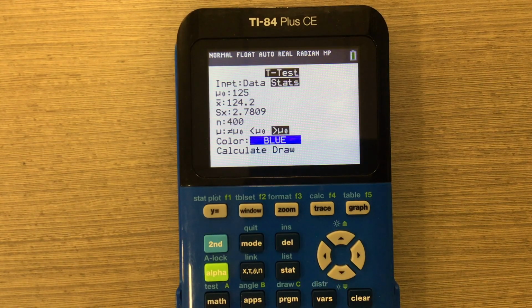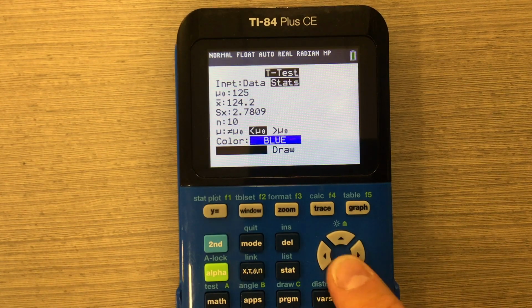Sample size here in this case was 10. Again, you don't have to type in degrees of freedom here. You can type in the sample size, and it will automatically calculate those degrees of freedom for you. And then the last thing is, what is our alternative hypothesis? Are we saying different than, less than, or greater than that 125? And our wonder is about it being less than.